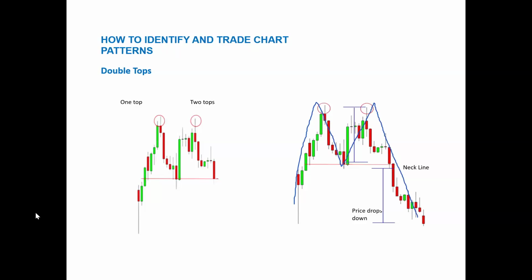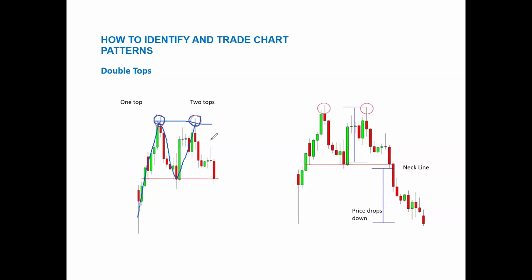So how do we identify this pattern? You identify this pattern when you see price going in an uptrend. Price makes a high, drops to a low, goes up again to form another high. But this time around, the new high is on the same level as the previous high, and most of the time it forms a resistance.